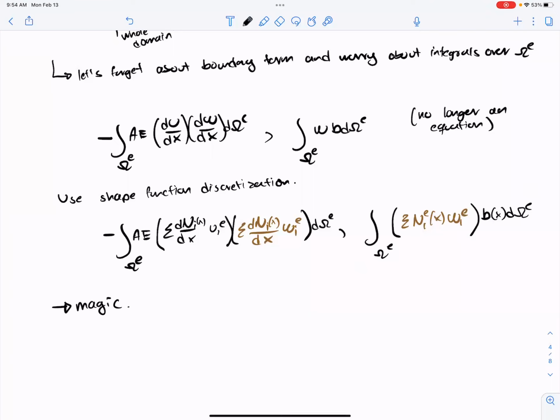The magic is that the ui's and the wi's are just numbers. This is just a number. Oh, numbers. The only functions that I have here are the shape functions or the derivatives of the shape functions.